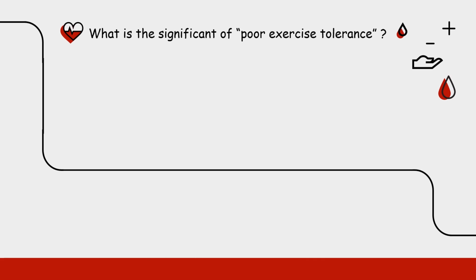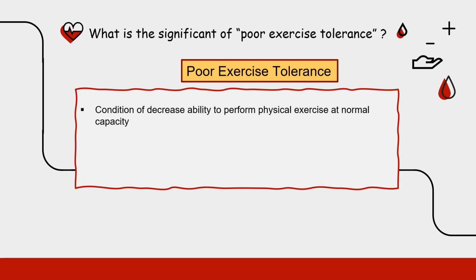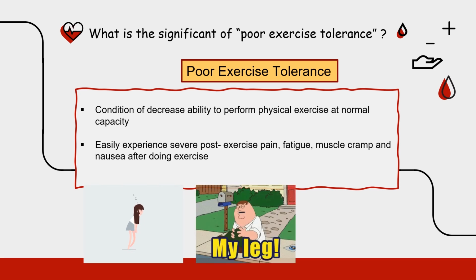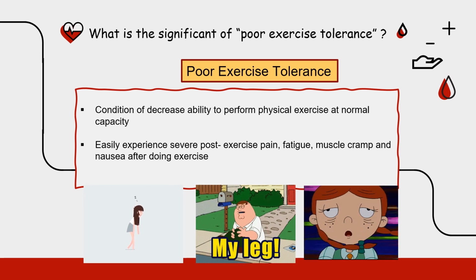What is the significance of poor exercise tolerance? Poor exercise tolerance is a condition of decreased ability to perform physical exercise at normal capacity. So this person will easily experience severe post-exercise pain, fatigue, muscle cramp, and nausea after exercise.